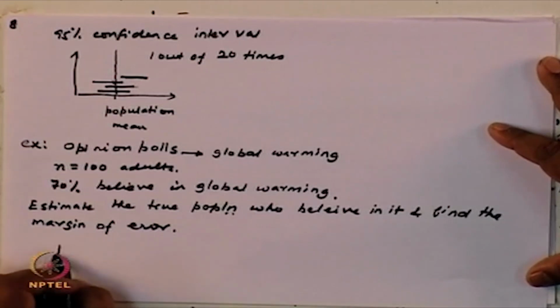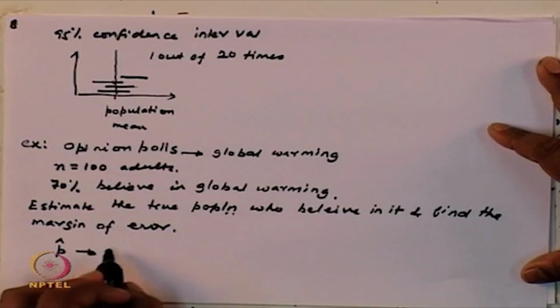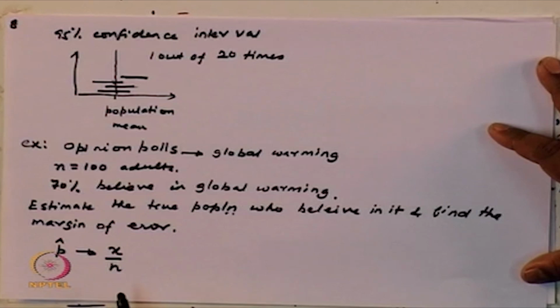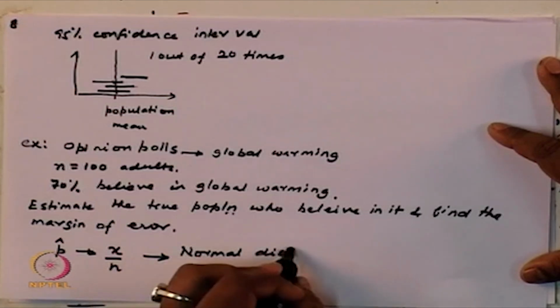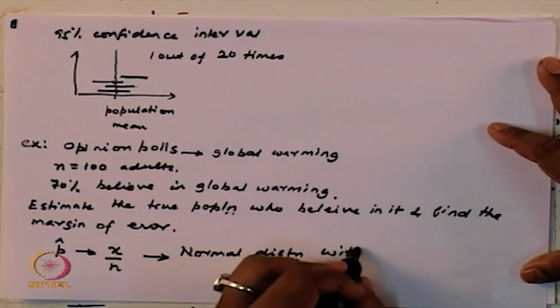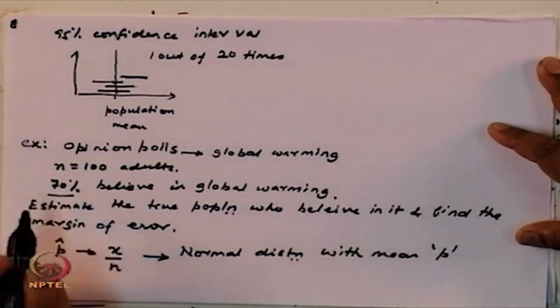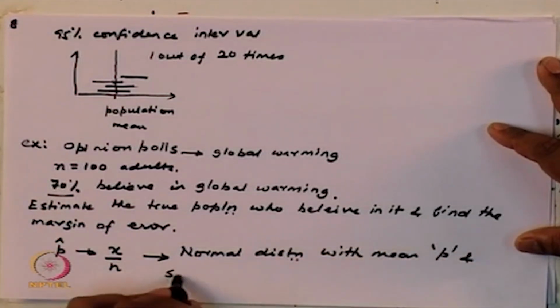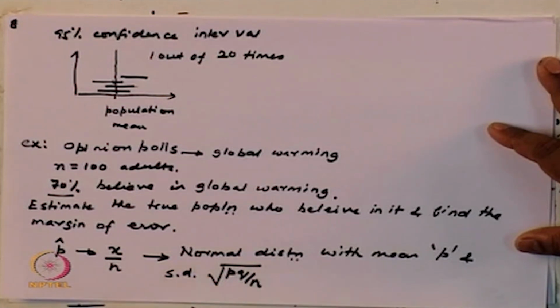Here you are talking about the proportion. For a proportion, this follows a normal distribution. The proportion p is the number of people out of a population who believe in it. So, p follows a normal distribution with mean p, which is given in our case to be equal to 70%, and standard deviation root of p q by n, where n is your sample size.